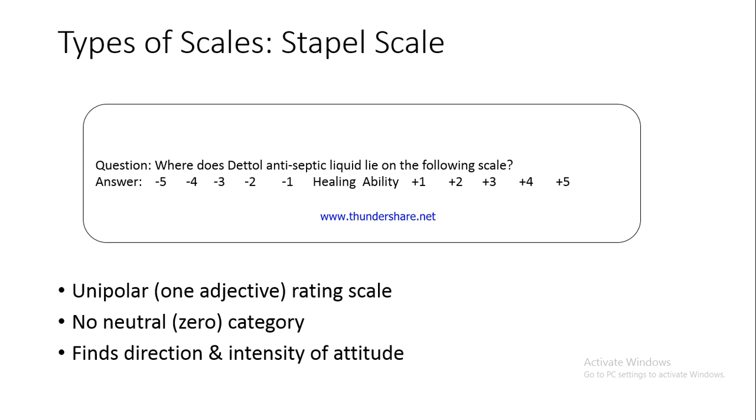Had it been stronger, had it been more intense, he would probably have marked -4, -5. On the other hand, the latter respondent who says +4 has got a very intense attitude. Had he marked +1, it would have been a relatively weaker attitude, though still in the same direction, the positive or the favorable direction.